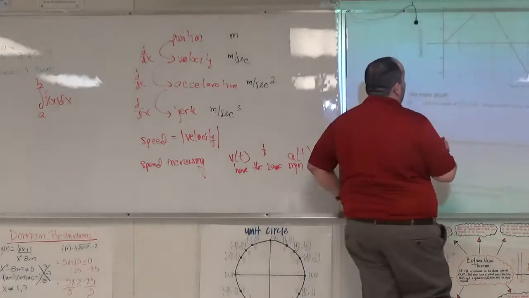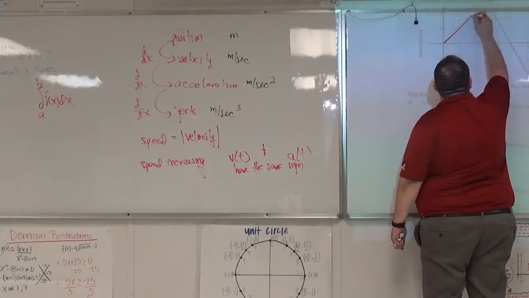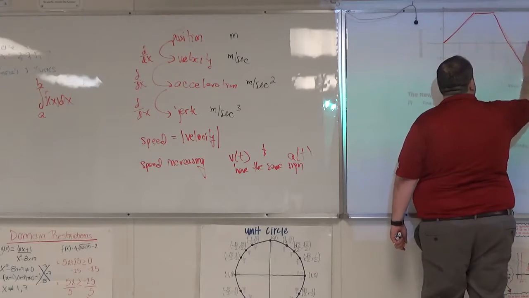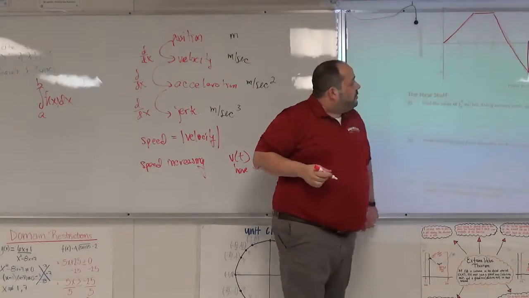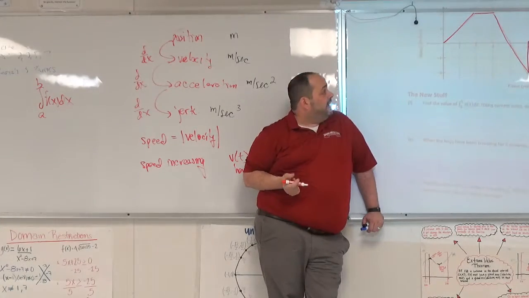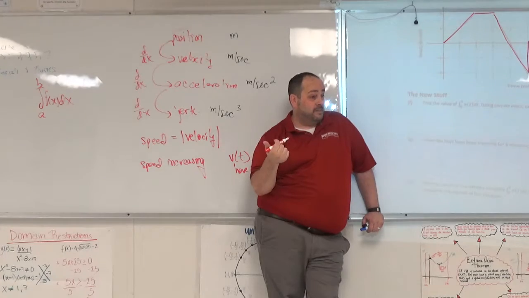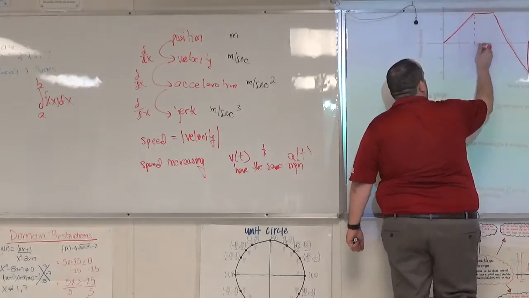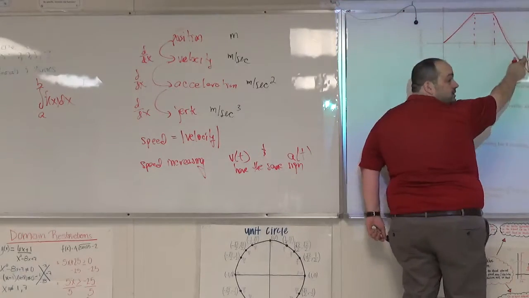Alright, so I want to find the value of the integral from 0 to 5. Here's my velocity graph. Options for finding that area. Trapezoids. I love the fact that some people are actually using the word trapezoid now. You could also say triangle, rectangle, triangle, triangle.